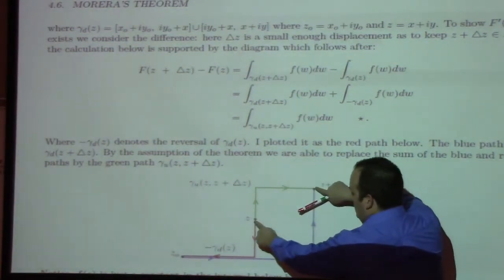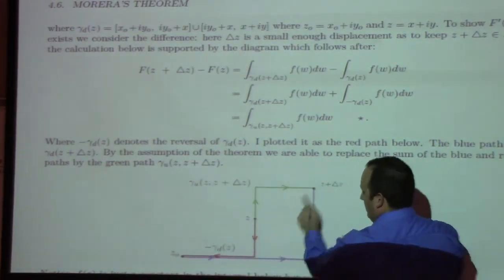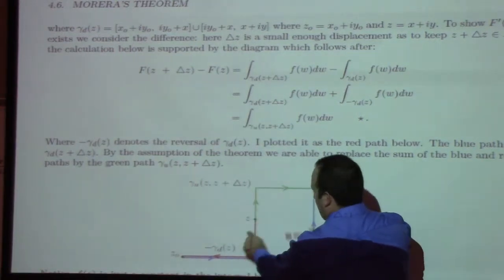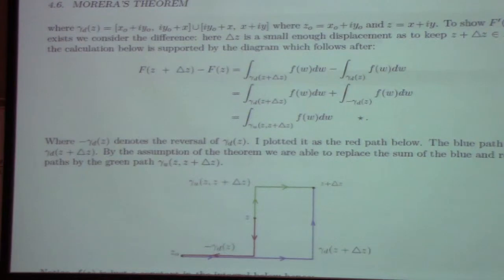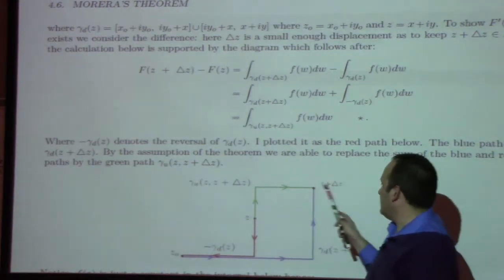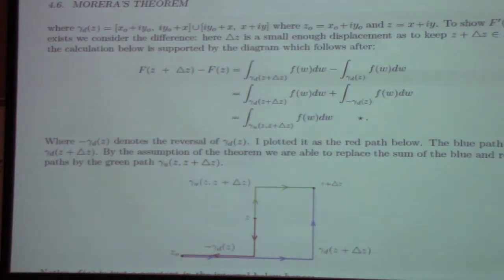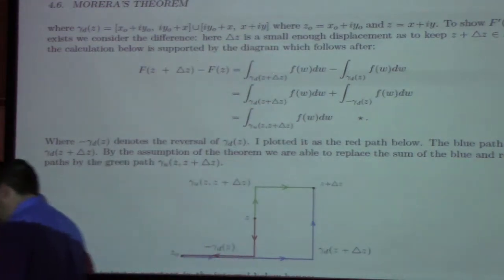So if you look at these two points, you go around this way, or you can go up this way. So what that means is the sum of the red and the blue paths can be replaced by the green path. And the green path is going from z to z plus delta z. All right. So I call it the upper path.